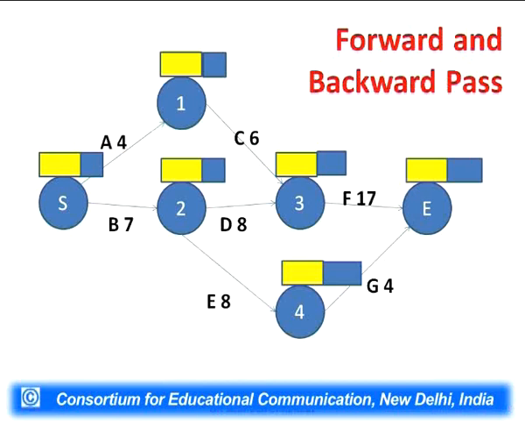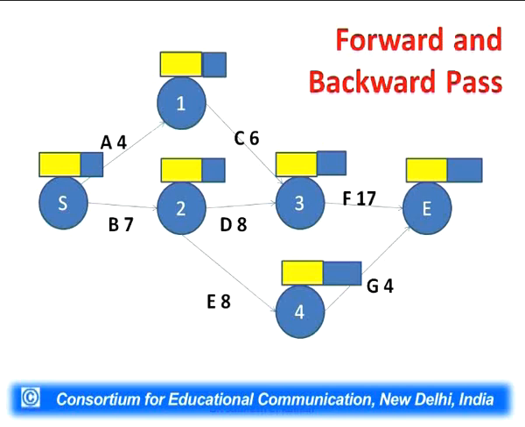How to find out? At each of the nodes, we'll make the milestones. These rectangles which are shown on each of the nodes are called milestones. And they have two cells, and we'll write something in these two cells. First cell, we'll write the early start time, and then in the second cell, we'll write the late start time.